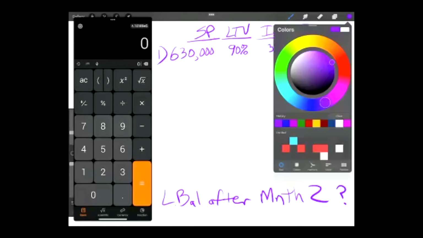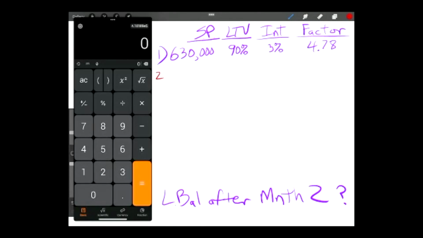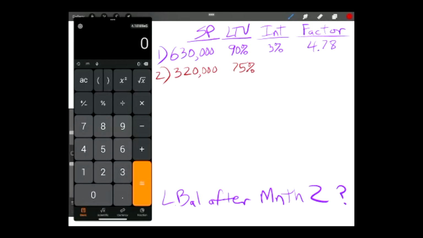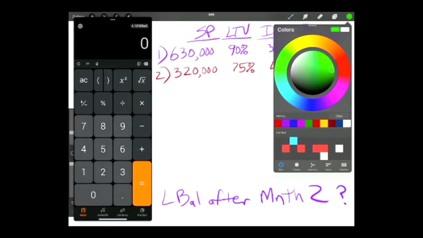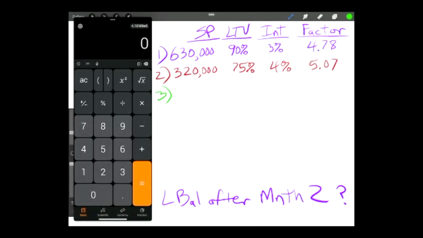The second one, we'll say is 320,000, a 75% LTV, a 4% interest rate, and a 5.07 loan factor. I'll give you four of them. A third one is a $410,000 price, a 60% LTV, a 5.5% interest rate, and a 6.34 loan factor.